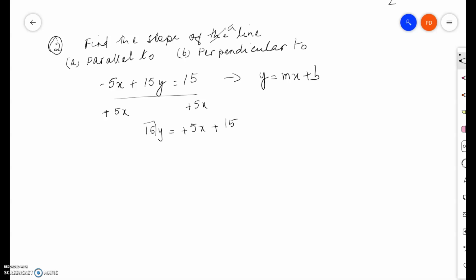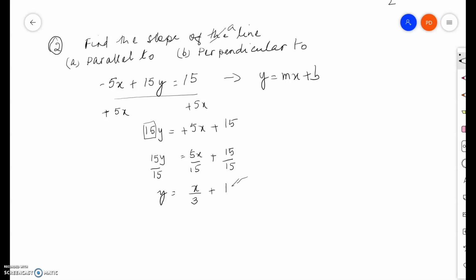Now we need to get rid of 15 because we need to solve for y. So 15y over 15 is equal to 5x over 15 plus 15 over 15. So divide both sides by 15 to get y equals 5 over 15 is really 5 goes 3 times into 15, so I get x over 3 plus 1.